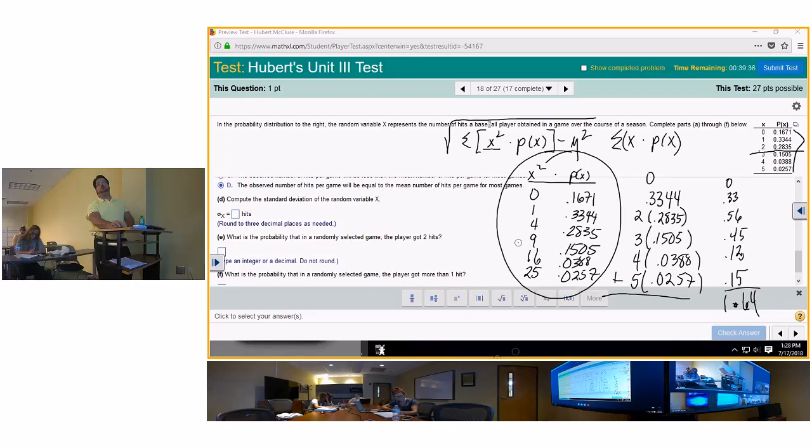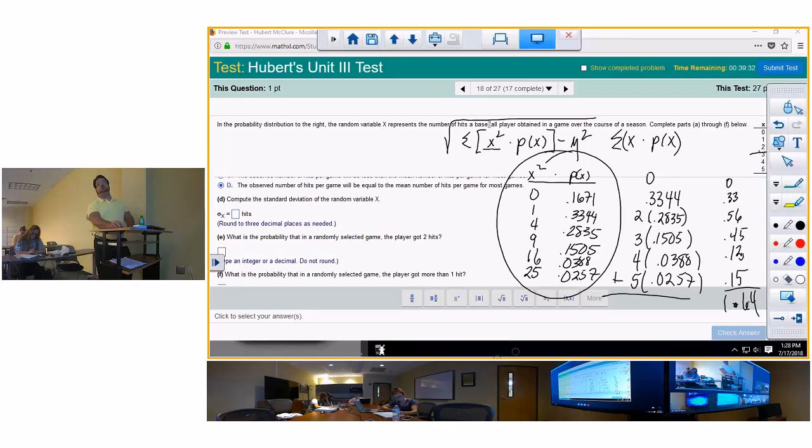Round to 3 decimal places. I pray y'all get the same answer. Y'all can participate if y'all want to.